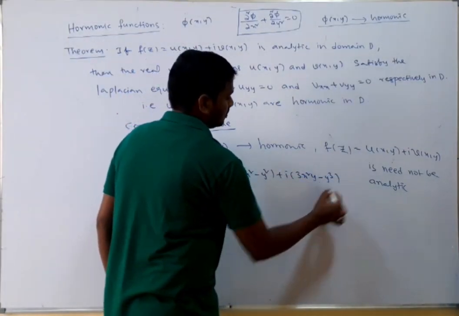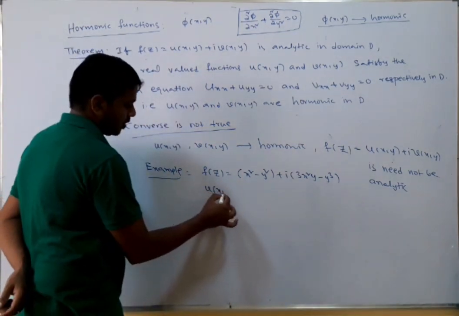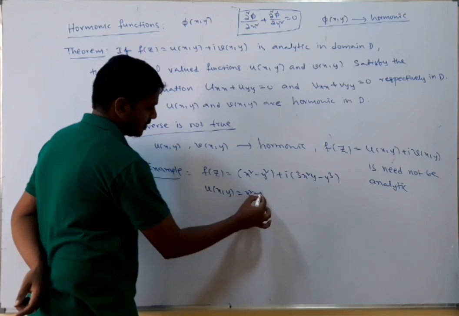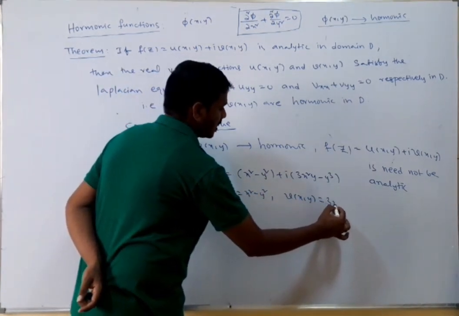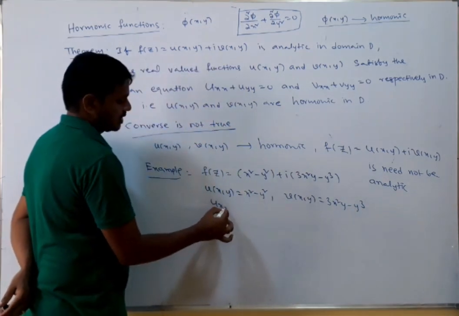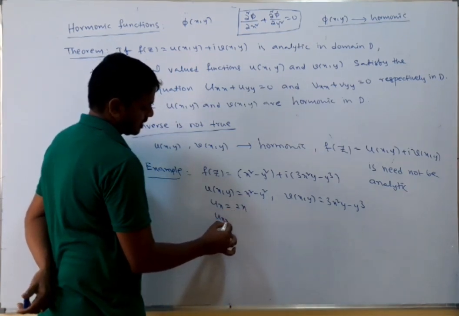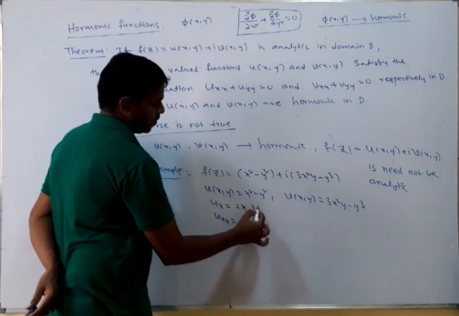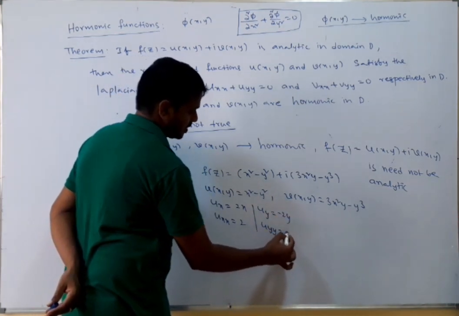minus y cube. Clear? Let u of x comma y be equal to x square minus y square, and v of x comma y be equal to 3x square y minus y cube. First, u_x is equal to 2x, u_xx is 2, u_y is minus 2y, u_yy is minus 2.